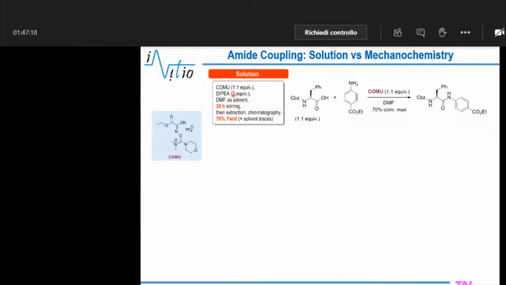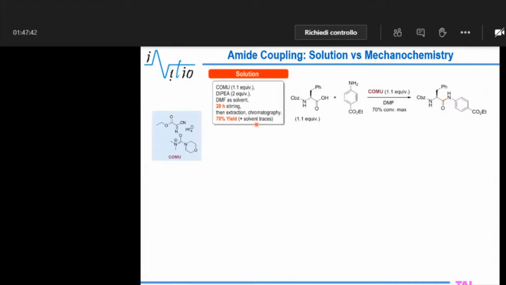We have to take again a smelly and unpleasant organic amine like diisopropylethylamine. We have to take DMF as a solvent. And to make this reaction, you need to stir it for at least 20 hours to get at least 70% yield.